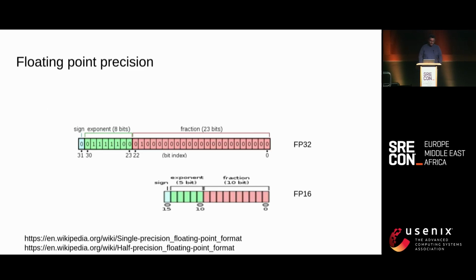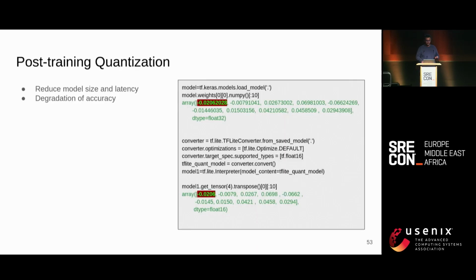Here's the first trick, floating point precision. We know FP32 is what we have seen with 8 digits after the dot. Some data scientists like to transform it to FP16. So suddenly, by doing the post-training quantization, my array of floats, which had 8 digits after the dot, suddenly has 4 digits. Yes?